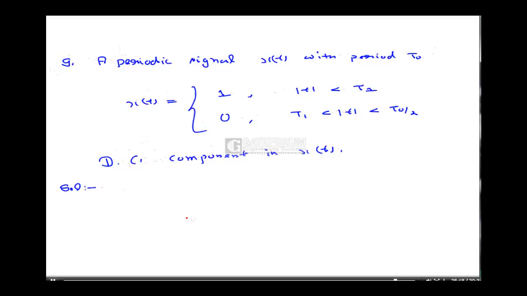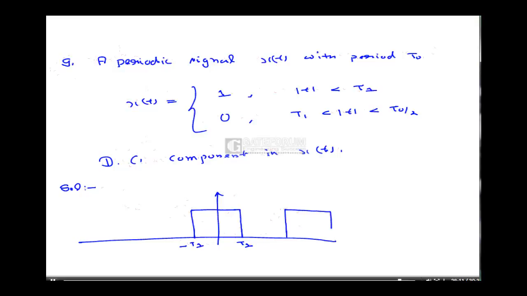Solution. The DC component is nothing but the a0 value in the Fourier series. If I plot this xt, it is something like this, from minus T1 to plus T1, with T0 by 2 and minus T0 by 2 marked. Amplitude is 1.